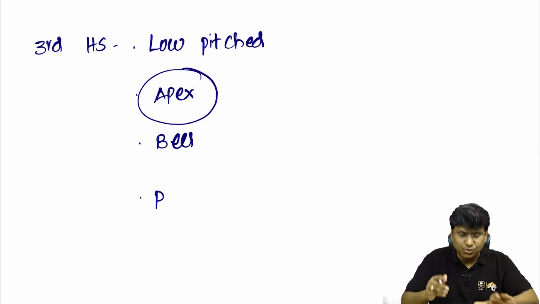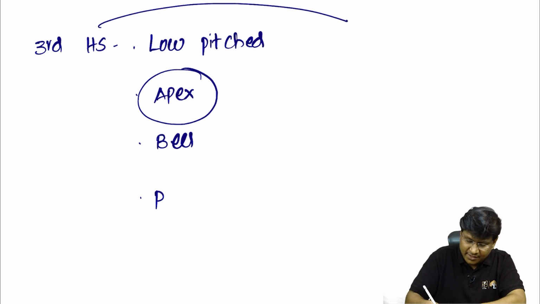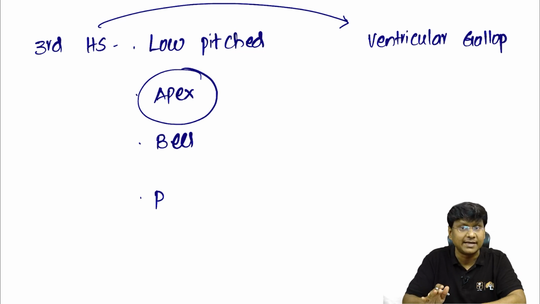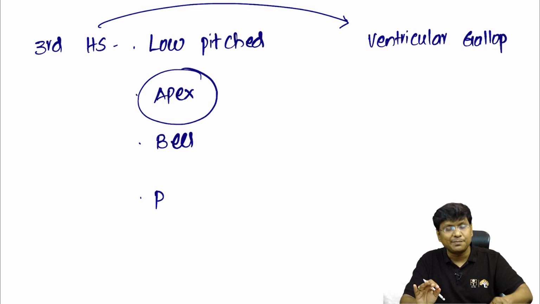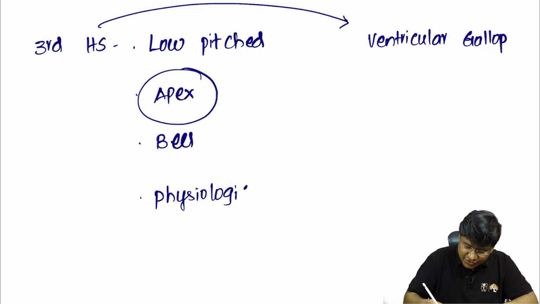Usually the third heart sound is not heard. If the third heart sound is being heard, we call this the ventricular gallop, the gallop sound, or the protodiastolic gallop. What are the conditions where you will listen to the physiological S3?